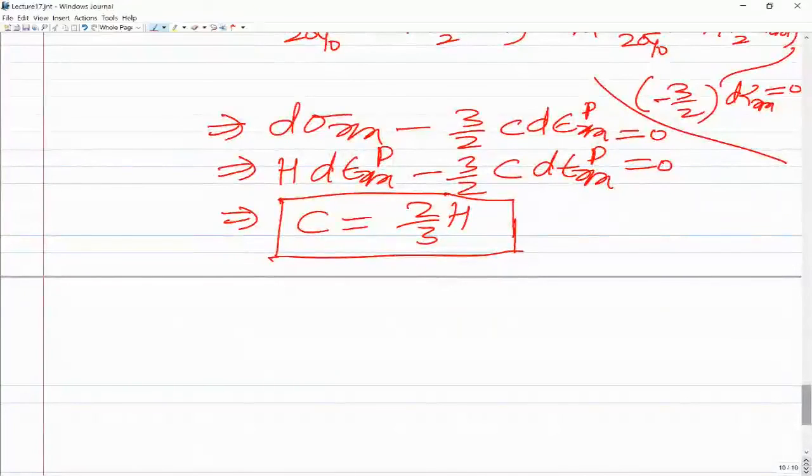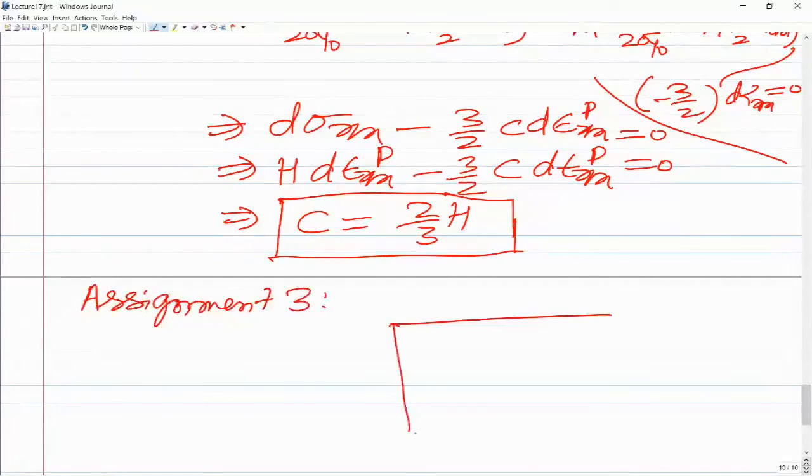Now although I think I have not yet actually uploaded the assignment 2, so I'm going to upload. The assignment 3 I'm telling you in advance will be based on elastoplasticity. So you can start working on that. So assignment 3 is going to be a problem on elastoplasticity.